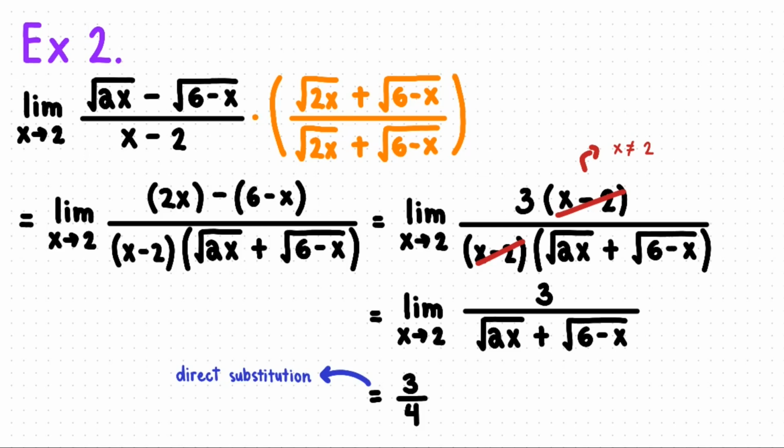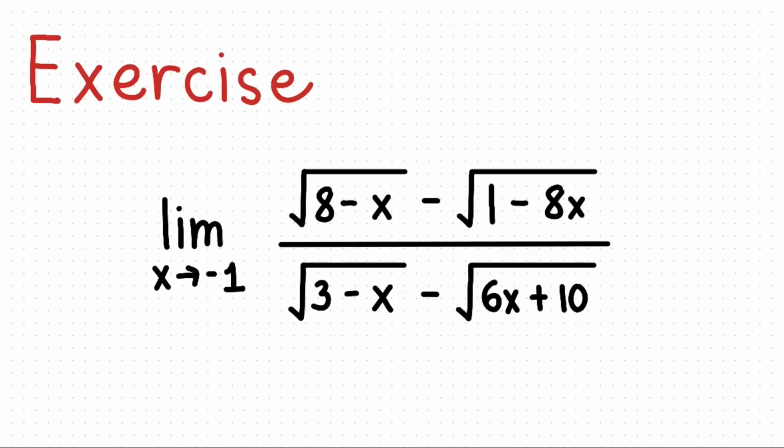To formally end this, here's an exercise that you can work on. Whoa, this might seem really hard now, since we have radicals everywhere, radicals in the numerator and radicals in the denominator. It might seem scary, but take note that the process remains the same.